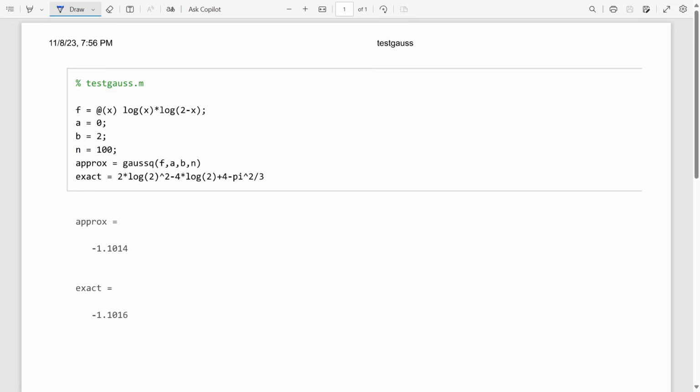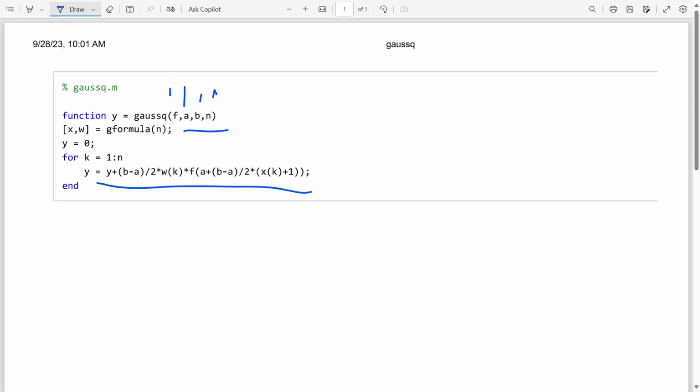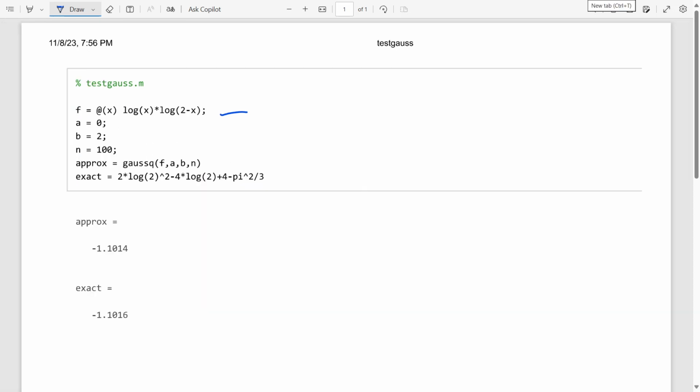The script testgauss.m sets a function handle for log x times log 2 minus x. And this is MATLAB, so log means natural log.